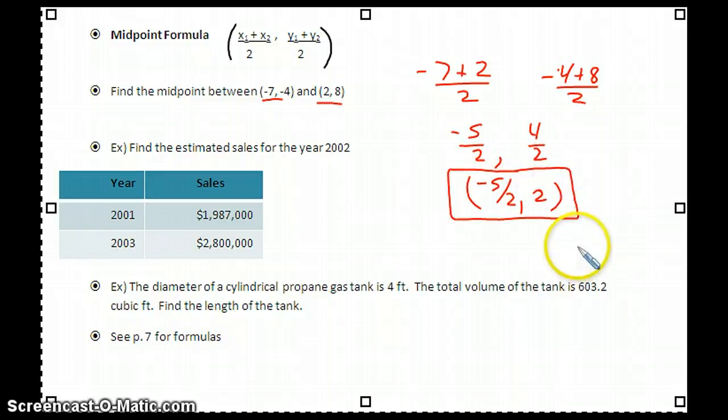We can use the concept of the midpoint formula to help us with a story problem. If it asks you to find the average sales or estimate the sales for the year 2002, and you know the sales in 2001 and 2003, all you have to do is add these up and divide by 2 to find the midpoint between them.